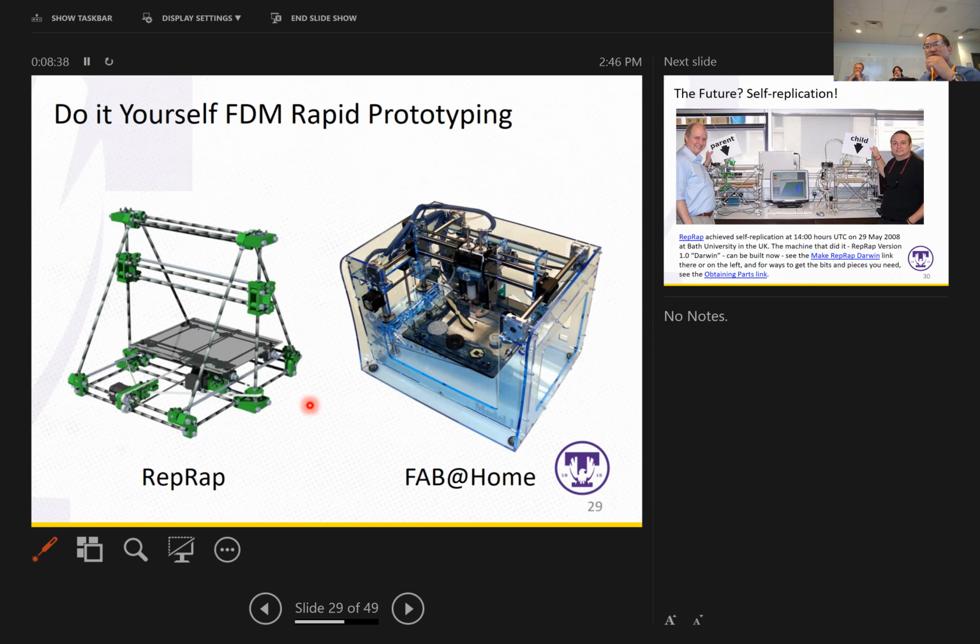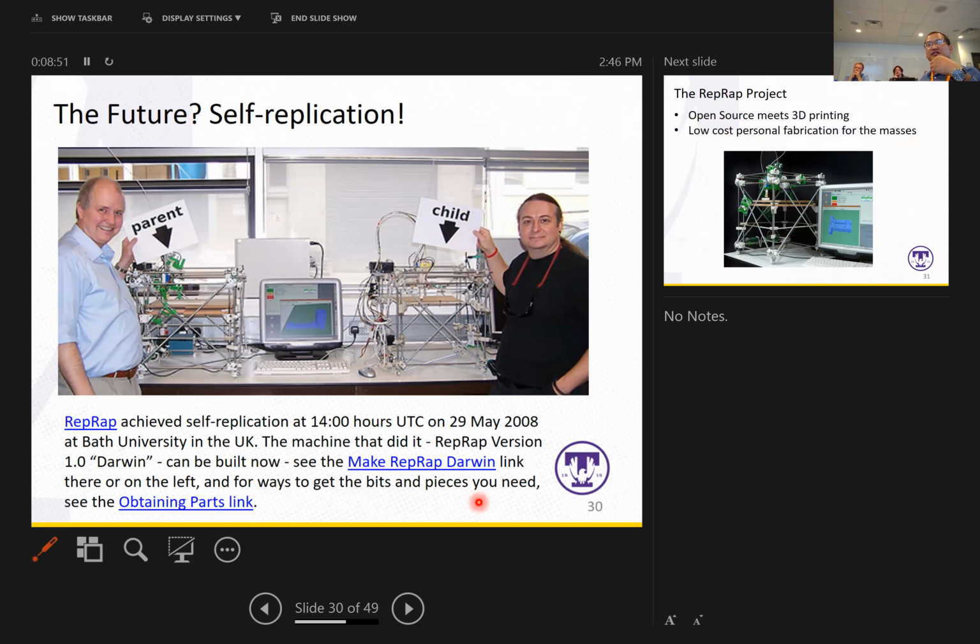That's why we have these two very famous DIY projects, RepRap and Fab@Home, and they are both open source FDM machines.